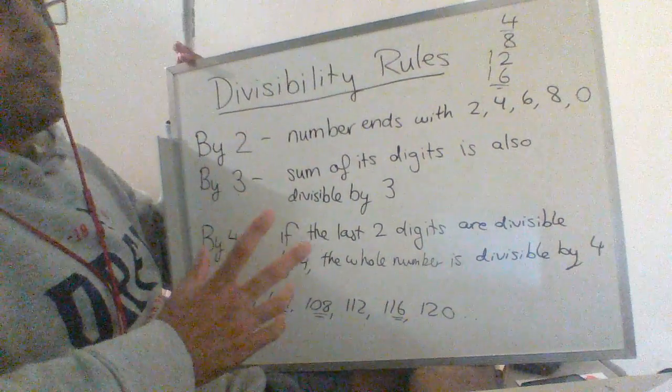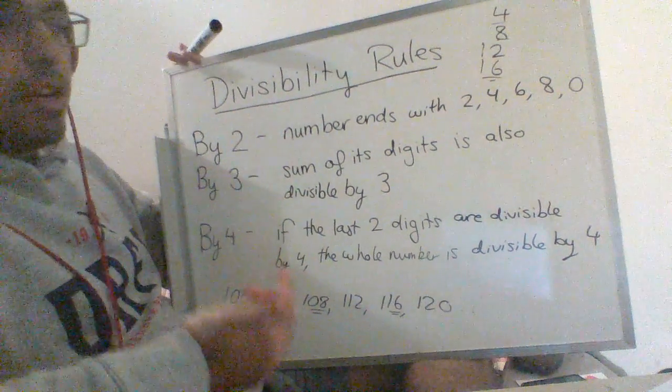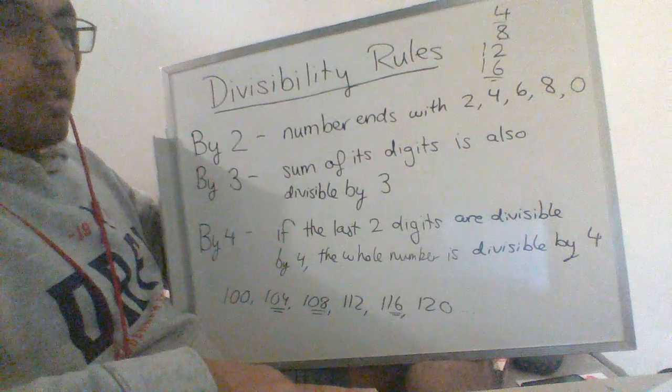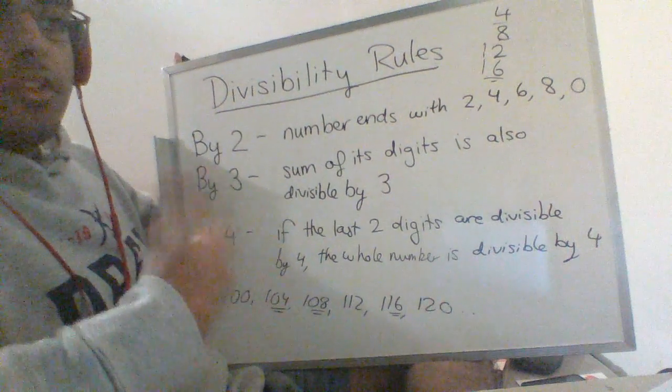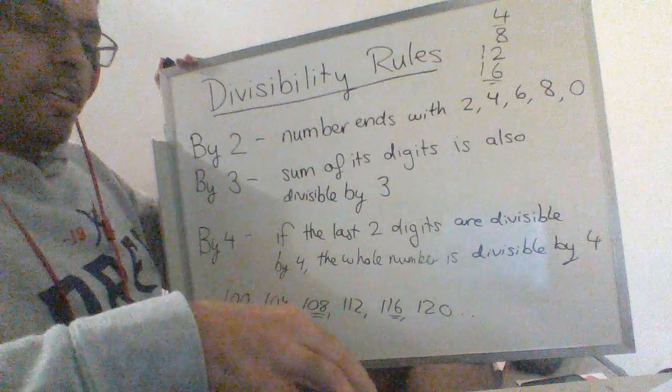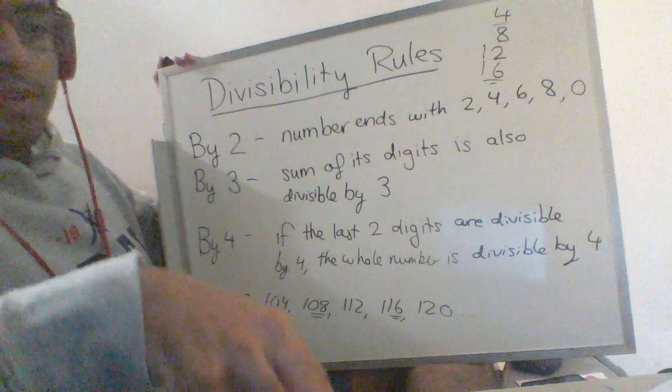So for example, 92, like I was saying earlier, 92 is divisible by 4. So any other number that ends with 92 is also going to be divisible by 4. 92 divided by 4 will give you, what, 23?